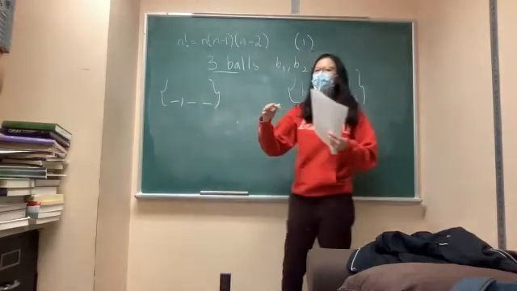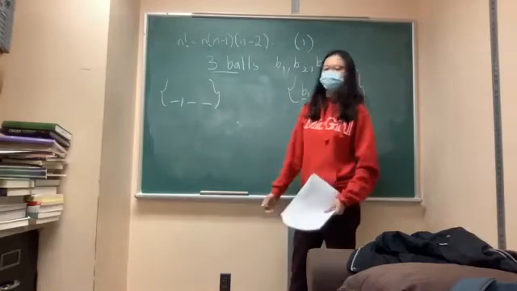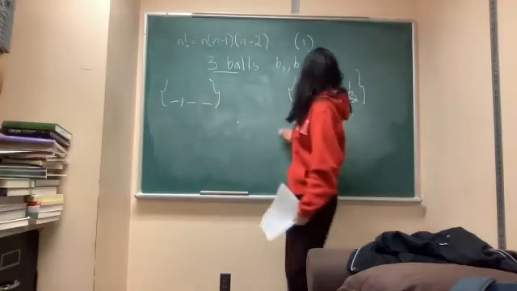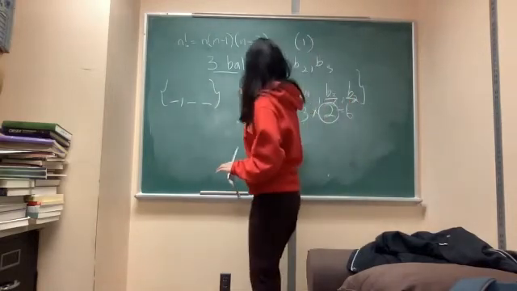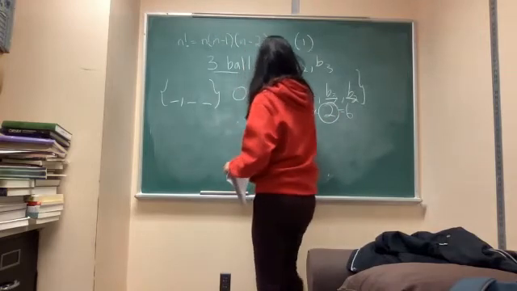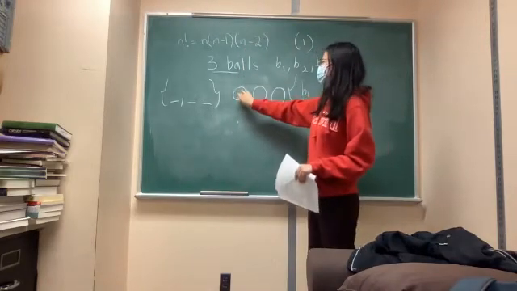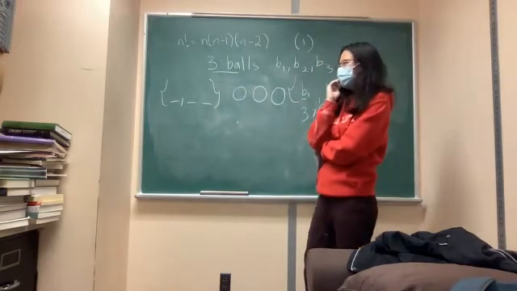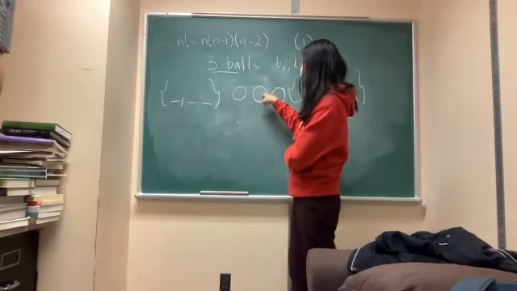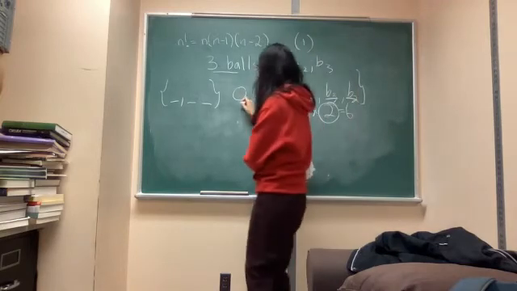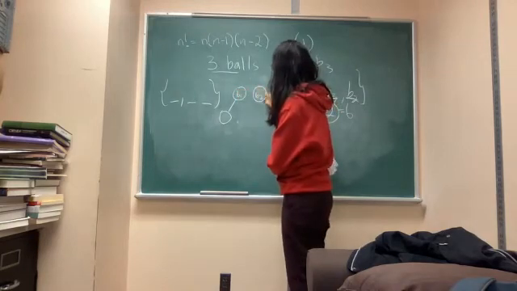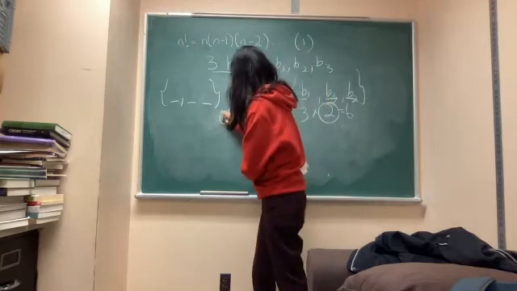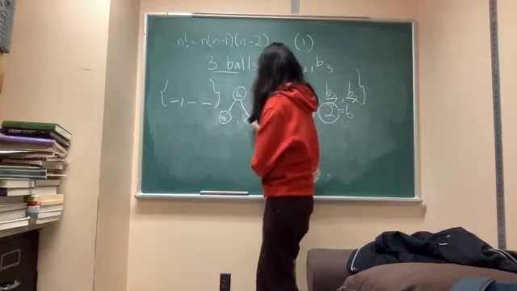We can draw any order of balls. This can be 3. So let's say you start off with B1. Does this make sense? Yes, okay. So I start off with B1, B2, or B3. And then I have 2 options. If this is B1, this is B2, this is B3, then this can be B2 or this can be B3.